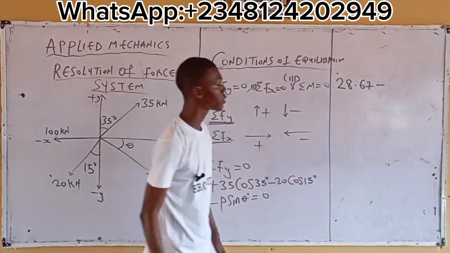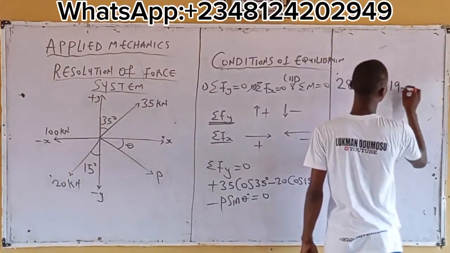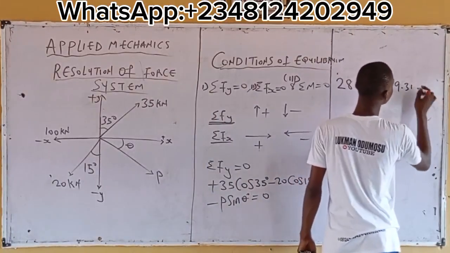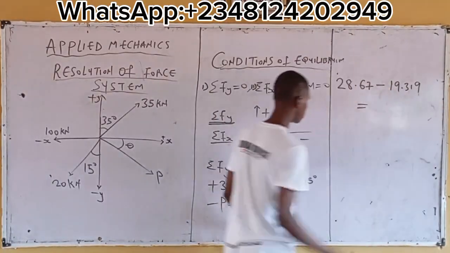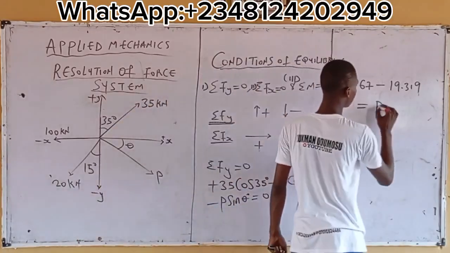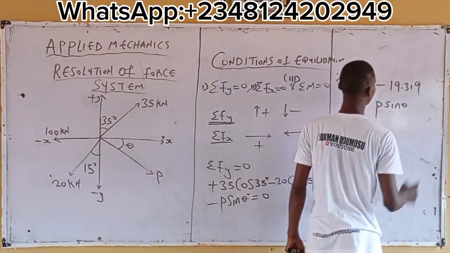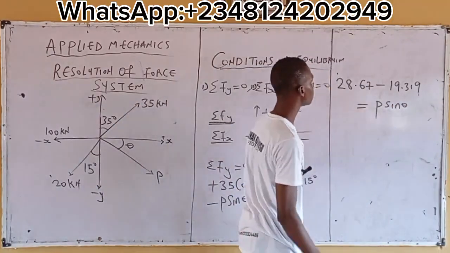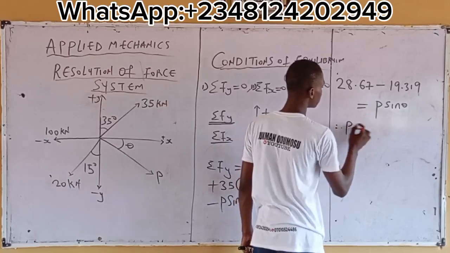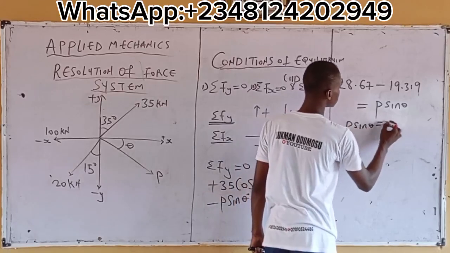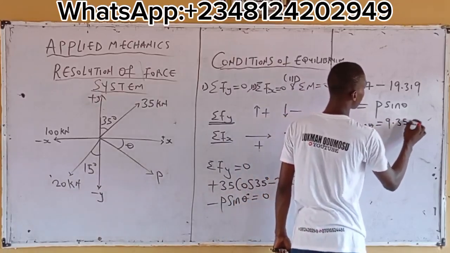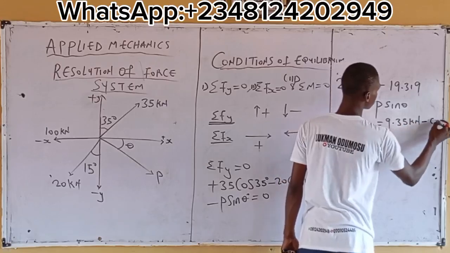What is the answer? 19.319 equals P sine theta going to the other side, meaning positive P sine theta, right? Now the subtraction of this will give you 9.35. Therefore, P sine theta equals 9.35 kilonewton. Call this equation 1.